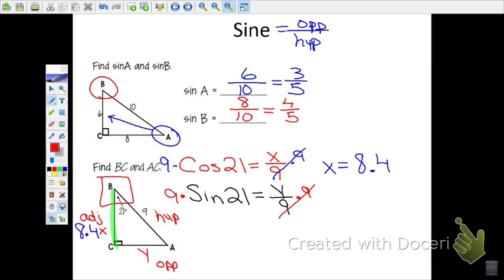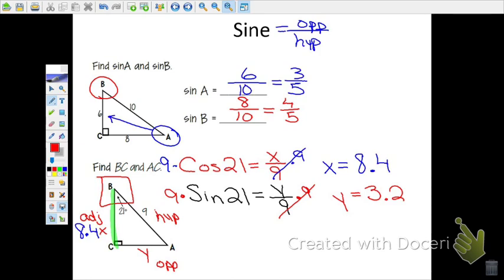Rounded to the nearest tenth, what is y? 3.2. I got a syntax error. So try again, we must have hit something wrong. 9 times sine 21. So 3.2 when we round to the nearest tenth.